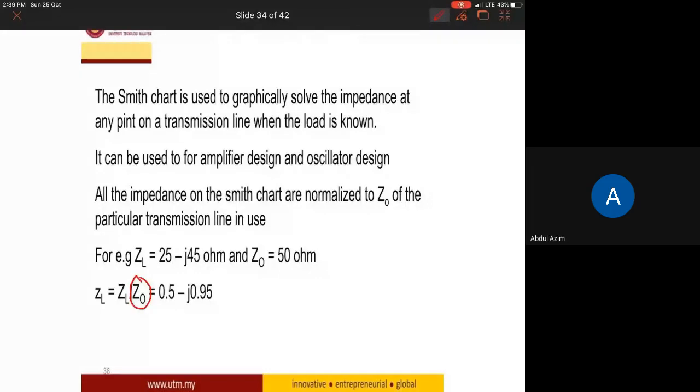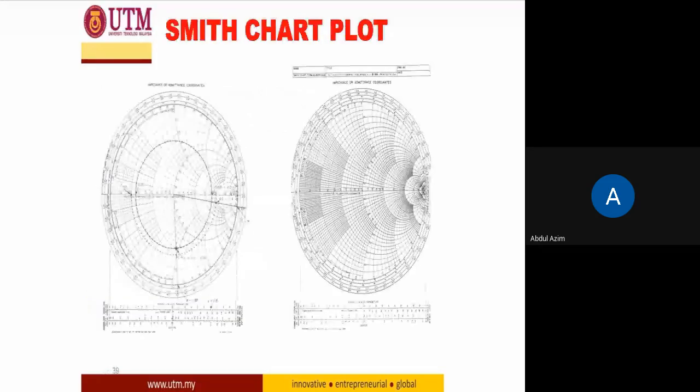That's why we divide with the impedance. Normalize to Z0. We normalize load ZL, and we get the normalized load. It's just a revision.